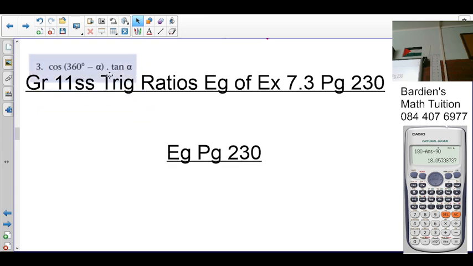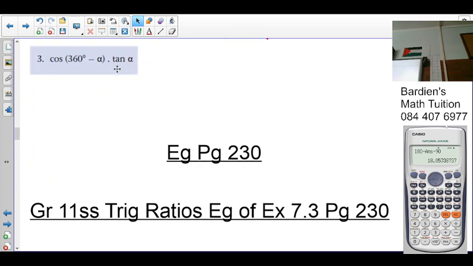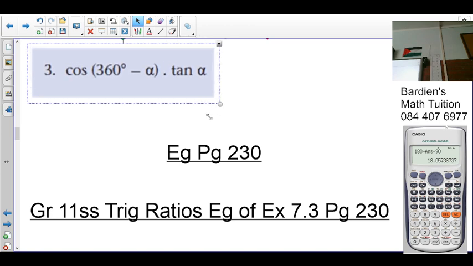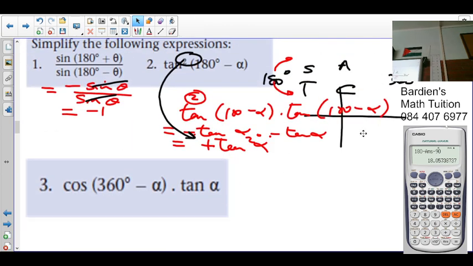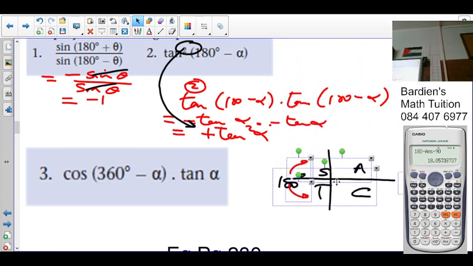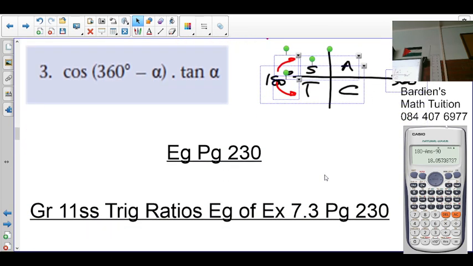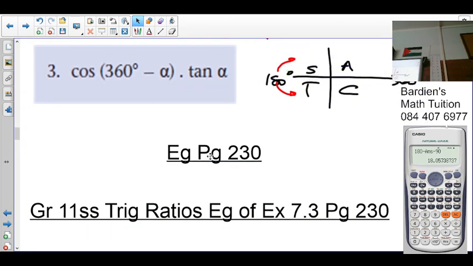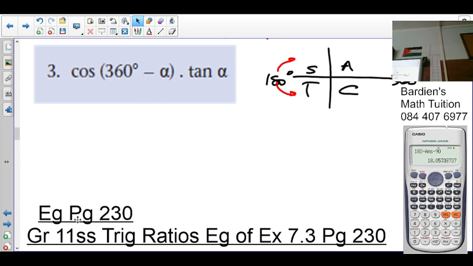And then example 3. I'm just going to pull this cost diagram down here. So 360 minus alpha is in which quadrant? Quadrant 4. Is cos positive or negative? Positive. So it's positive cos alpha times.